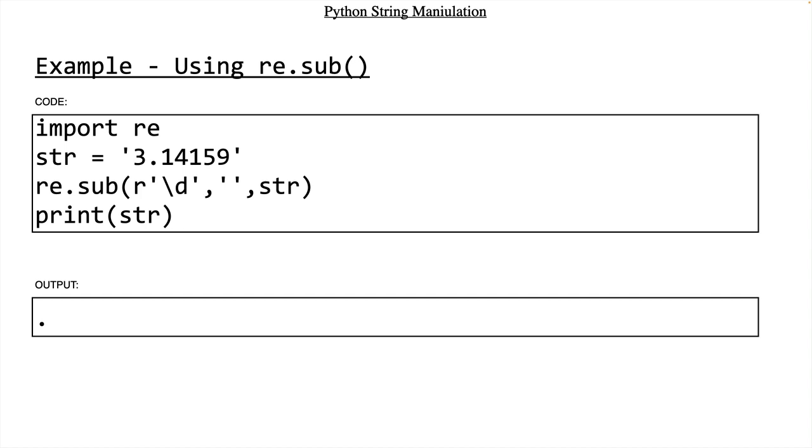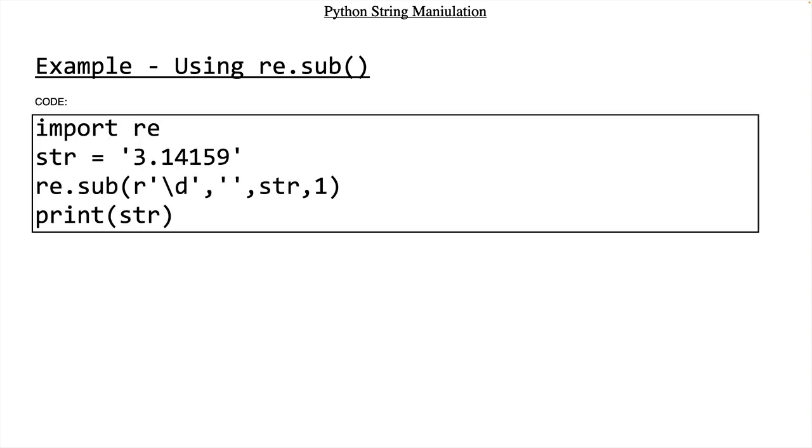If that's not really what we wanted to happen, and this is a little bit different than what would happen in Perl, for example, but if we just wanted to replace that first digit, we could have basically the same code. The only difference is when we call that sub method, notice that there is a third argument that is set to 1.